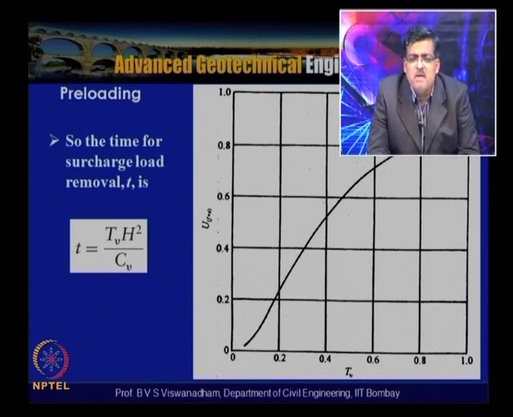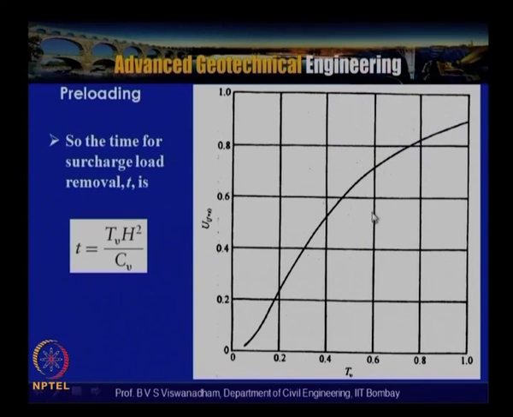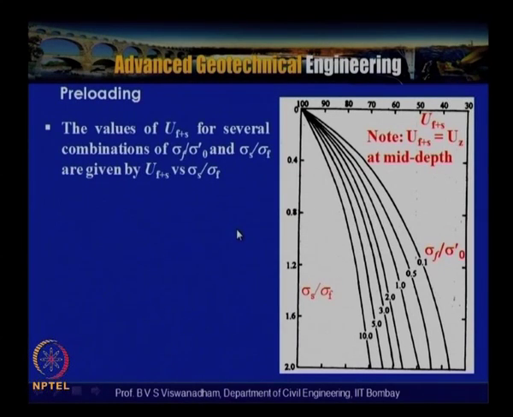Then for 9 months we can determine the time factor. Once the time factor is known, based on that you can determine U F plus S. Once U F plus S is obtained, then by using this particular plot we can determine the ratio of sigma S by sigma F.